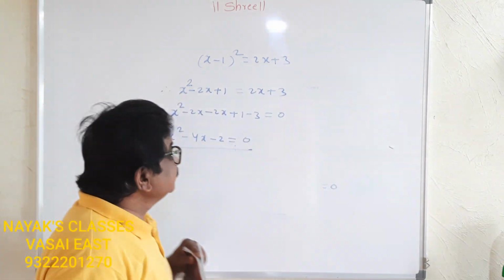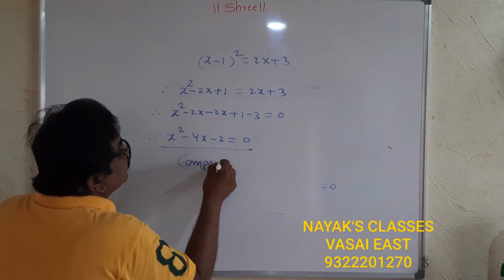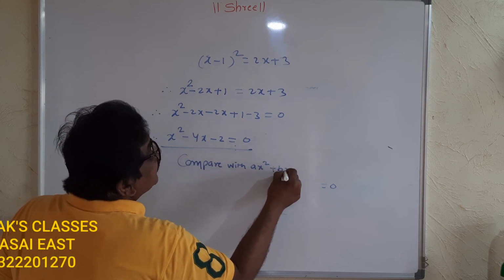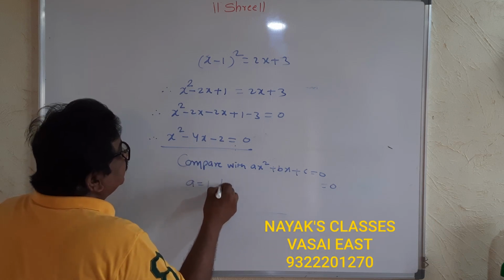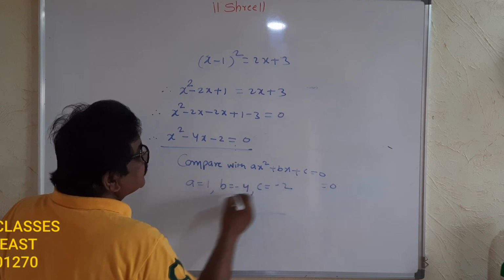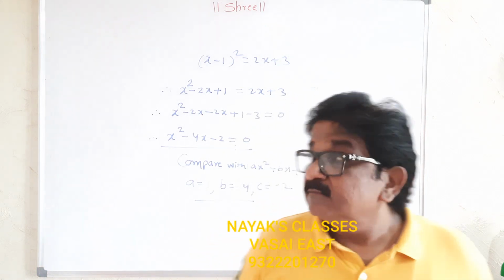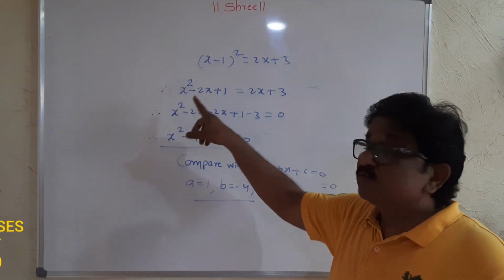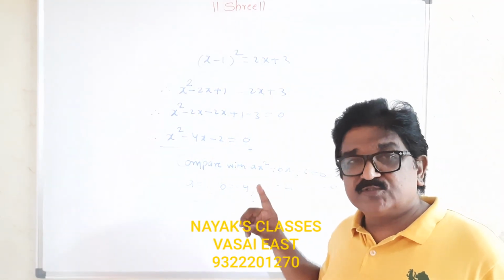Now compare with ax square plus bx plus c is equal to 0. A becomes 1, b is equal to minus 4 and c is equal to minus 2. You must remember the identity a minus b the whole square.